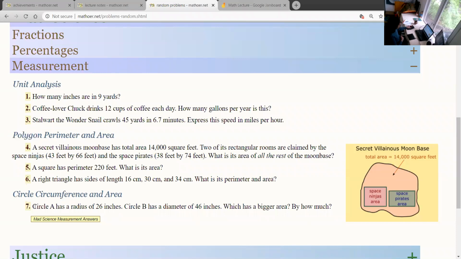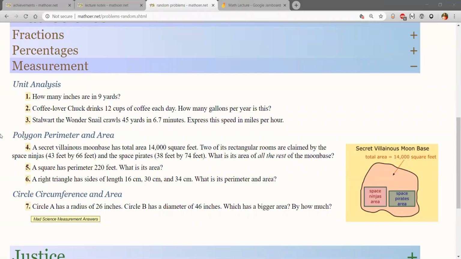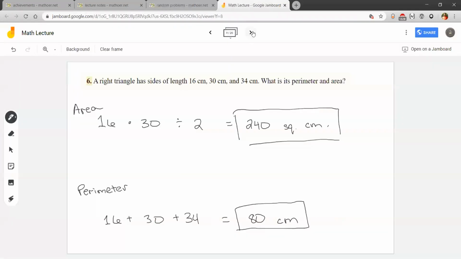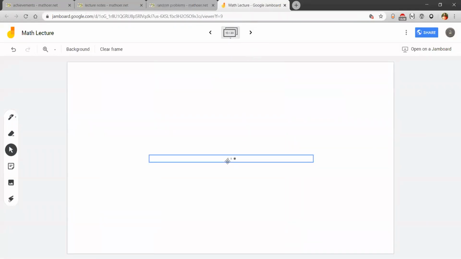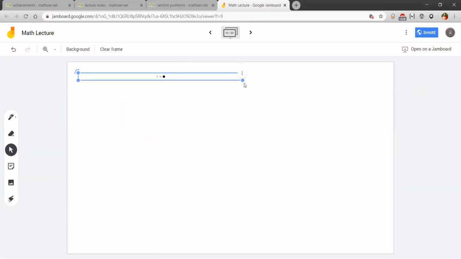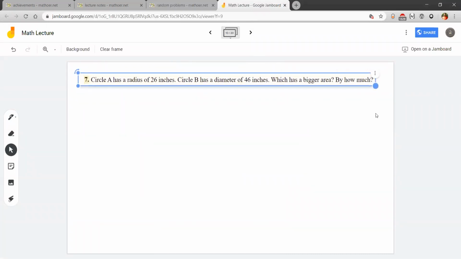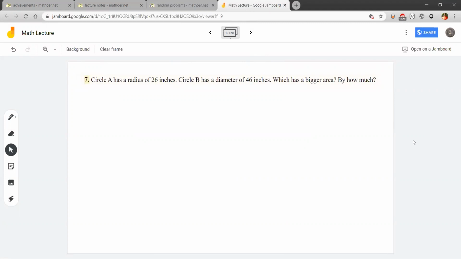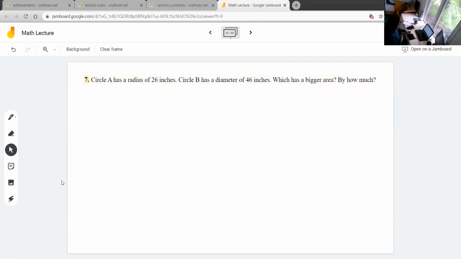We also have circles. So let's look at number 7. So this one is trying to be tricky again because your instructor is a mean and terrible person.